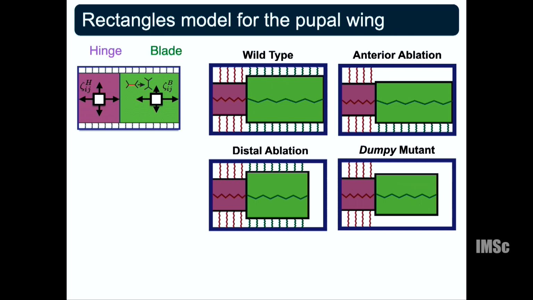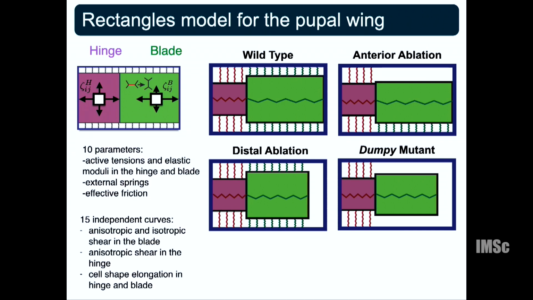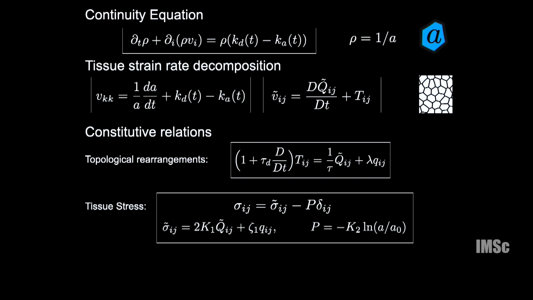Now we have three different experiments: the wild type, the ablation where mechanically the springs were chopped off near here, the distal ablation where they are chopped, and the dumpy where there are no springs in the blade. We take all these different scenarios. We have 10 parameters, but 15 independent curves. We calculate the force balance equation using all the set of equations we have.